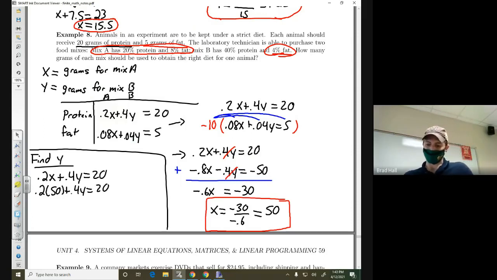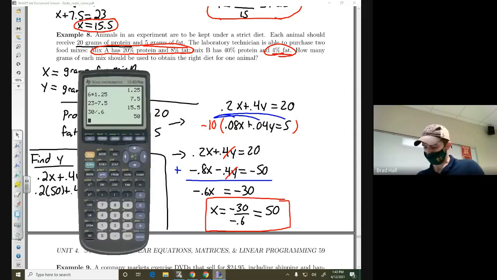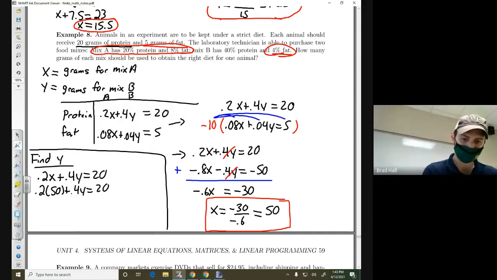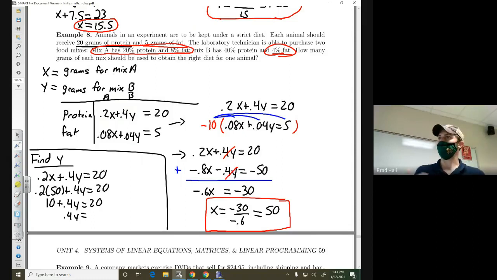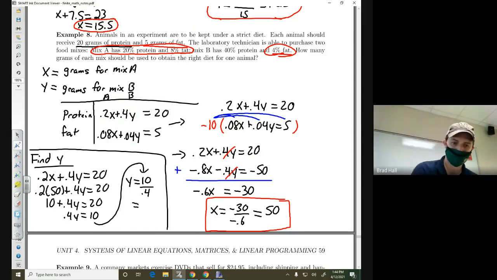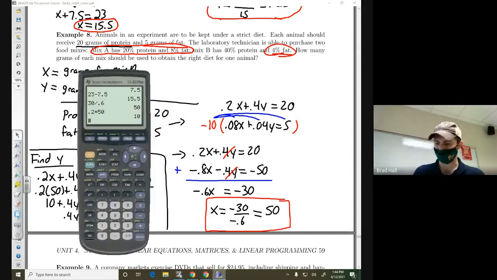So 20% of 50, I believe that's 10. 10 plus 0.4y is equal to 20. 0.4y is equal to, let's subtract 10 on both sides, just 10. So y is equal to 10 divided by 0.4, which is probably 25.